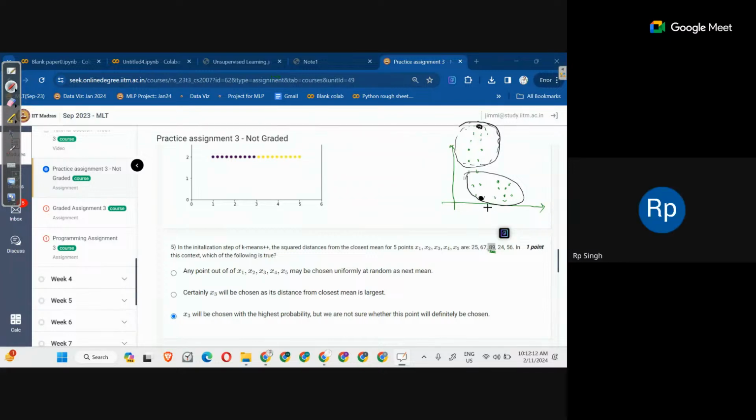So that's why we say that even though the distance is maximum, still there is only a probability of selection. Still we are putting the probability part. We are saying that it is proportional to the distance, based on some constant which we multiply here.